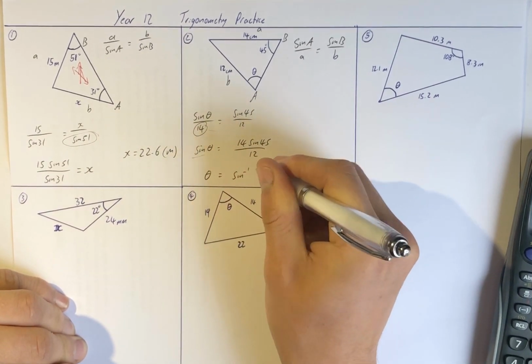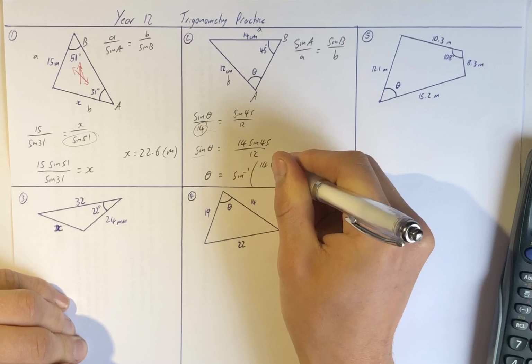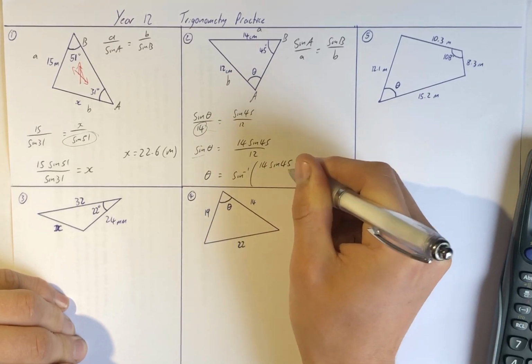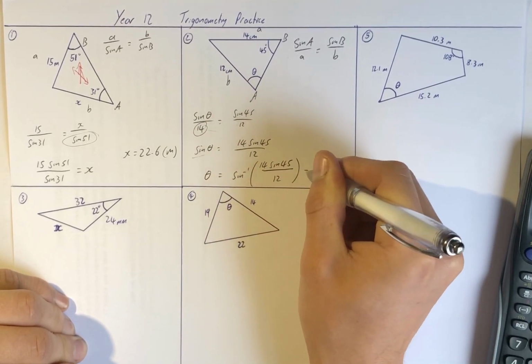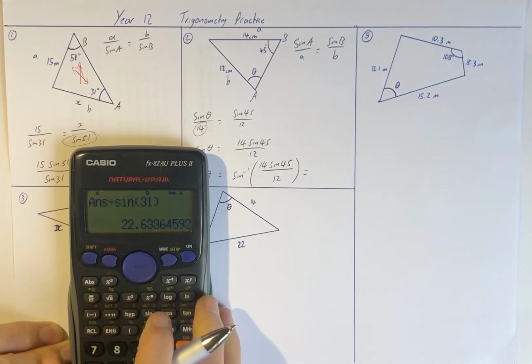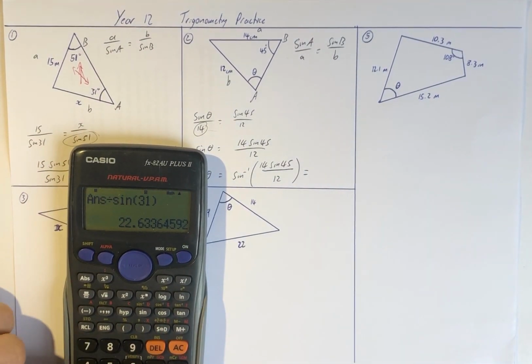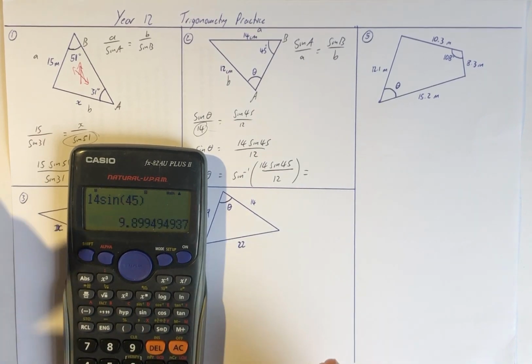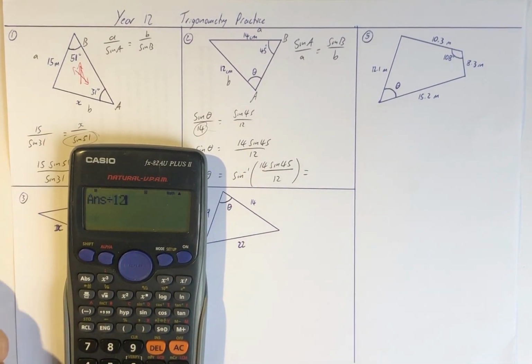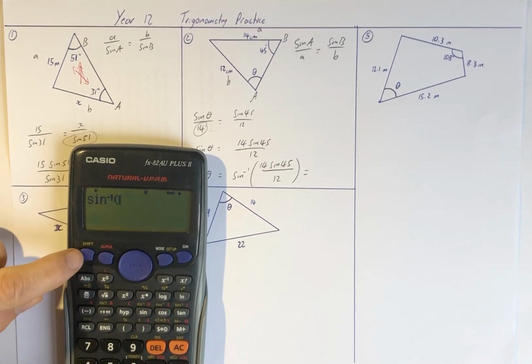So I take the sine inverse of that whole thing. Let's go 14 sine 45 first. Cool. Divide that by 12. And now let's take the inverse. So shift sine, and we'll put that answer in.